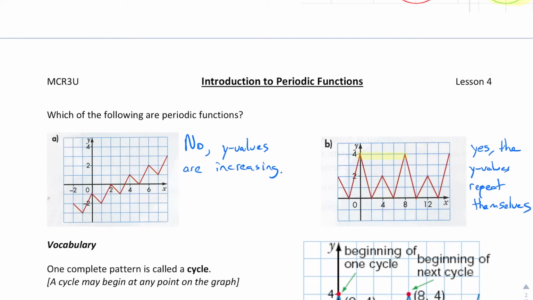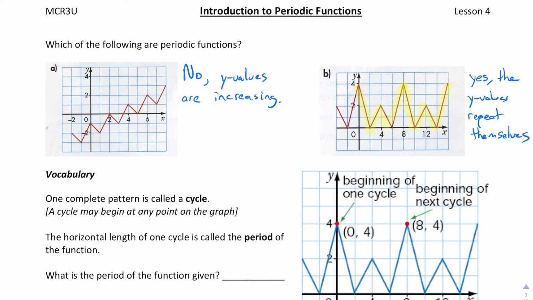From here to here, it looks like that's the first W shape. So I'll just re-highlight that. It starts at 0 and it ends at 8. The next one should be the same length. If this is from 0 to 8, that's 8 units. The next one should also be 8 units, and so it should finish at 16, which it does. And so that's a periodic function because it has a regular interval where the y values repeat themselves.